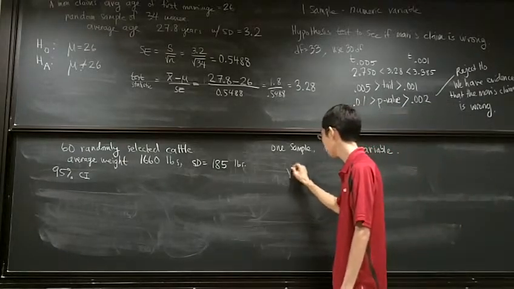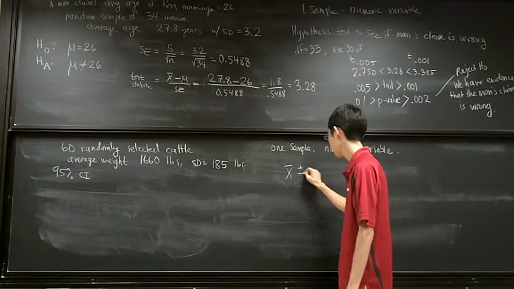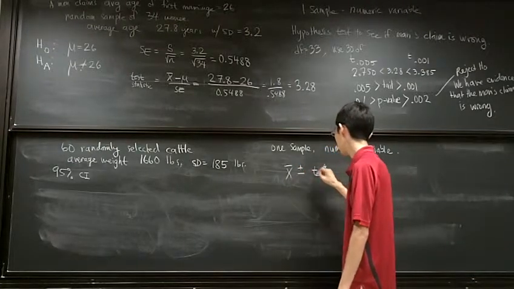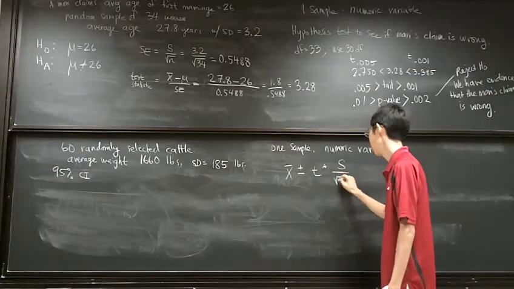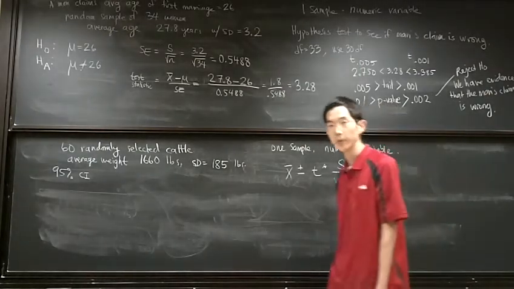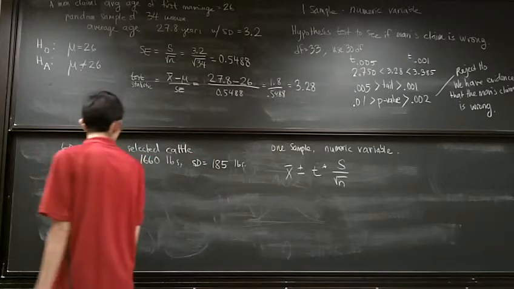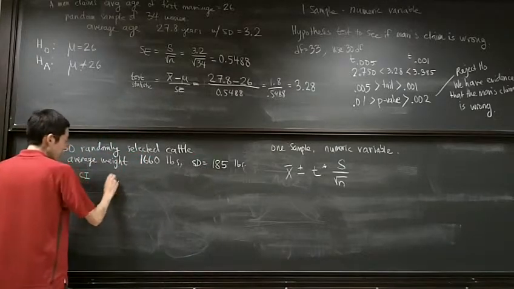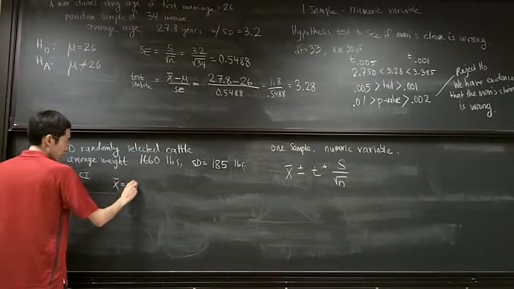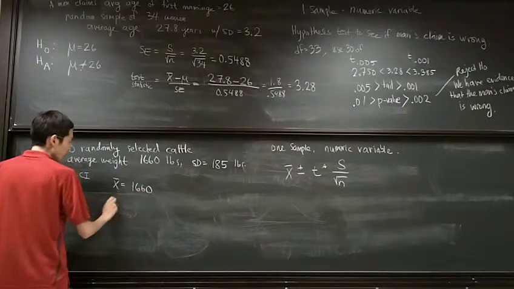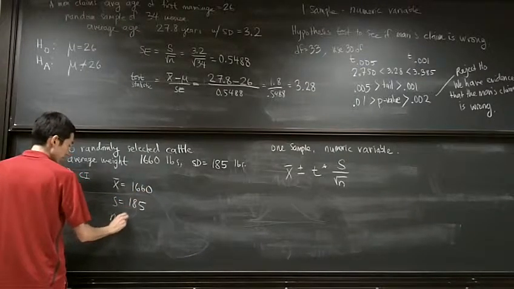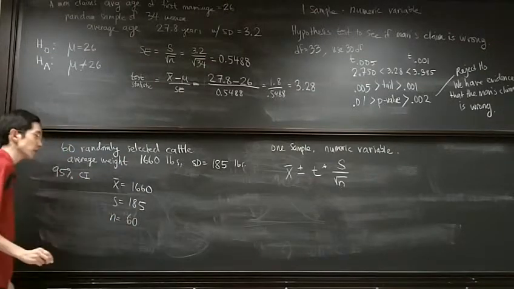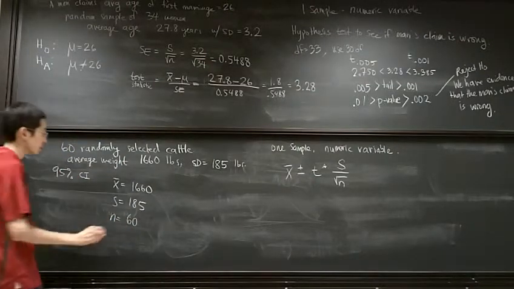So that's going to be x bar plus or minus t star times our standard error, which is s over the square root of n. Okay, what is our x bar? 1660. What's our s? 185. And what's n? 60. Okay. Now we have to look up t star.